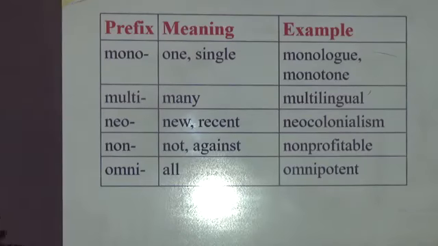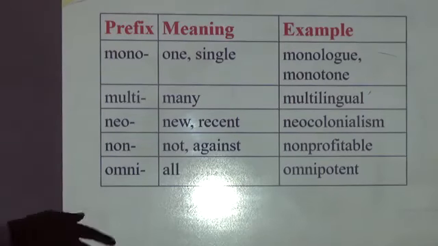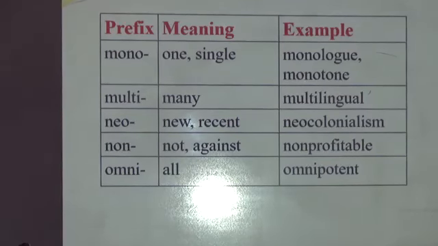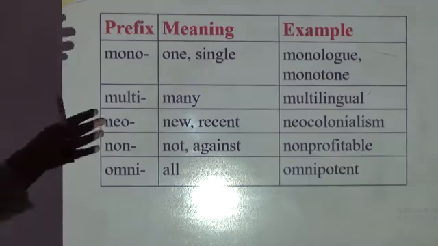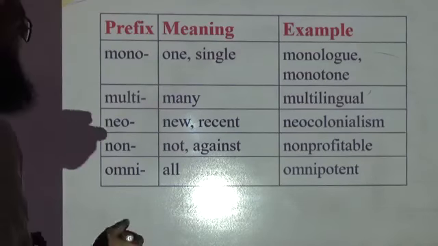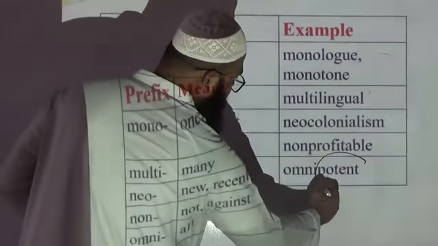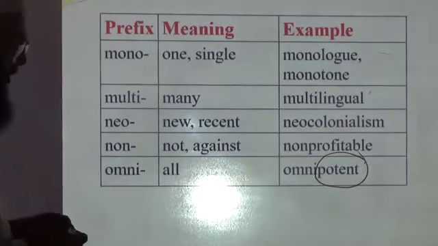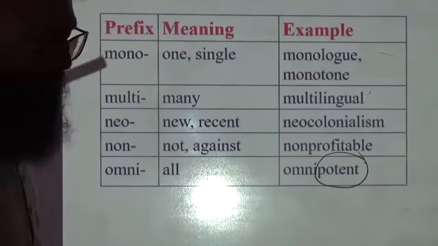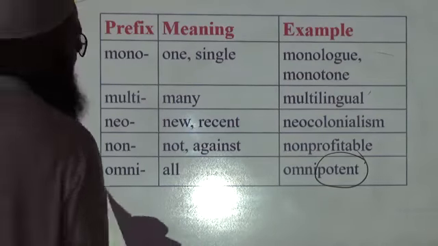Colonialism, that means imperialism. Neocolony, modern imperialism. Non, against, not. Profitable, that's the contrary, we can say non-profitable. Omni, all. Potent to omnipotent. Potent, that means powerful. Omnipotent, that means all powerful.